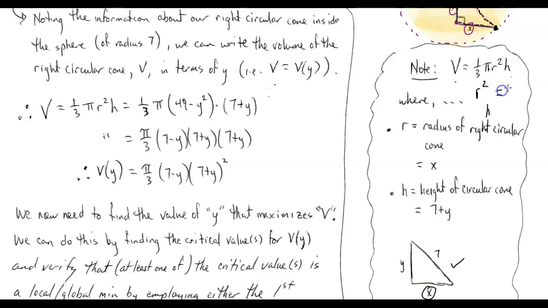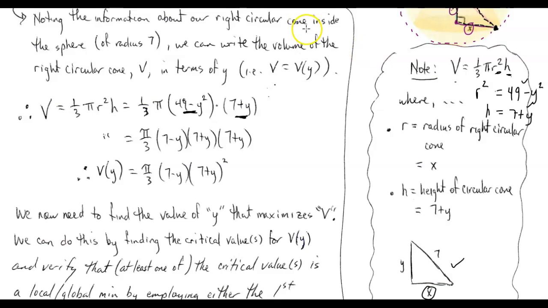And we see here that we did R squared in terms of Y, and we did H in terms of Y. So now that we have those two things, we could substitute R squared and H for these expressions respectively, and that's exactly what we have right here.